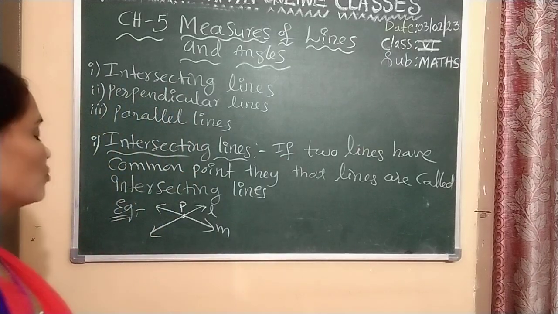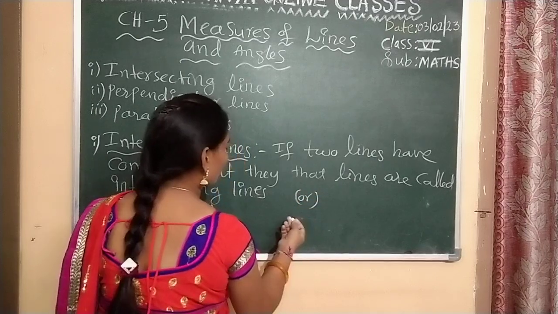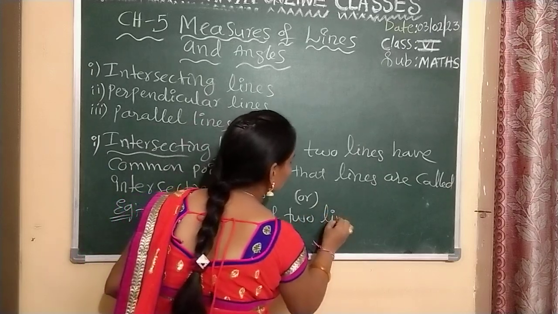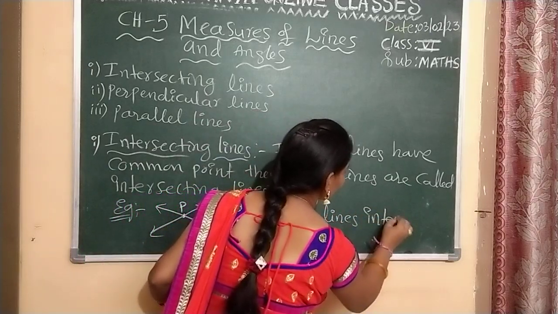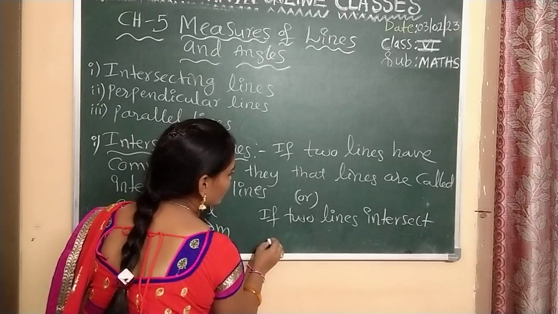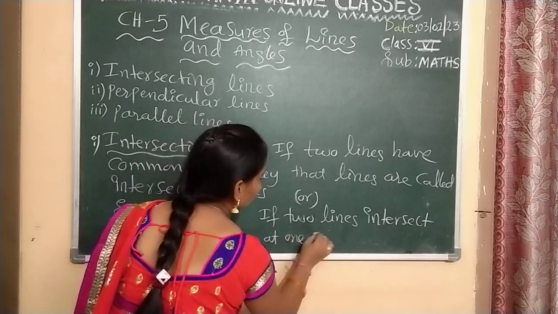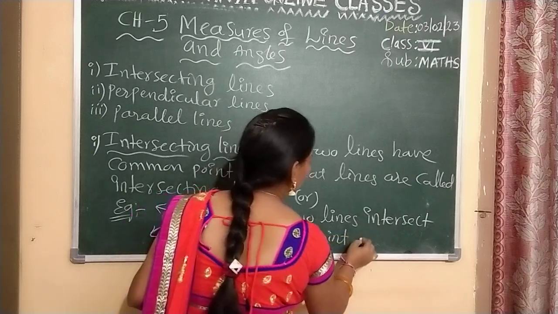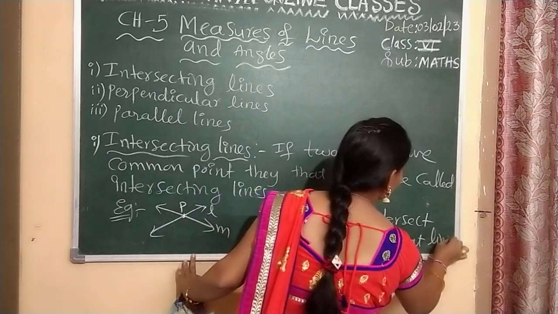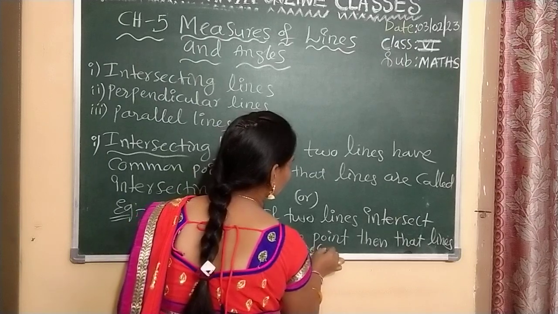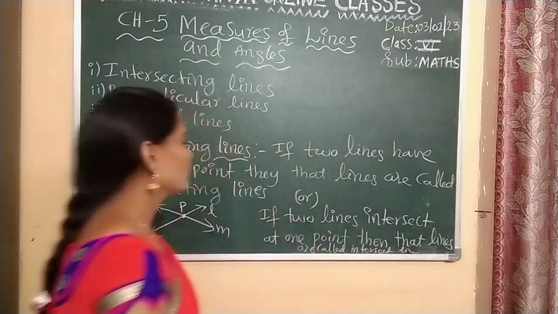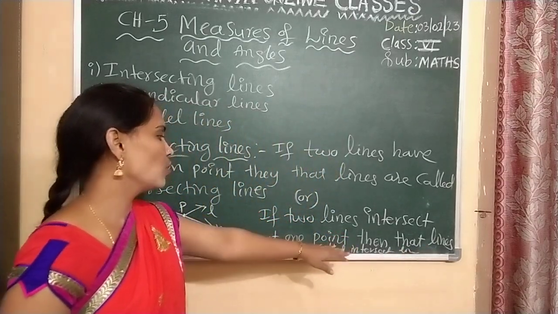One more definition I will write: if two lines intersect at one point, then those lines are called intersecting lines.